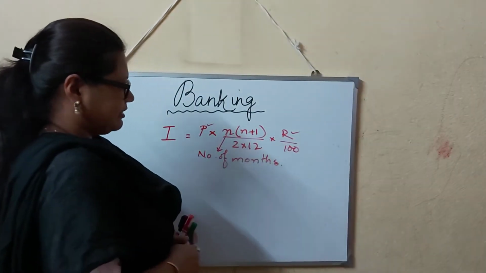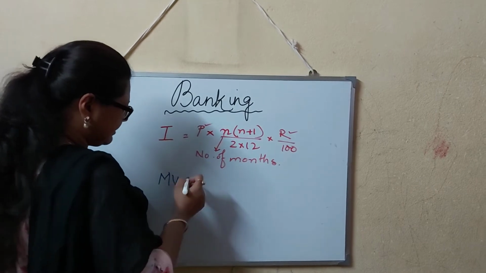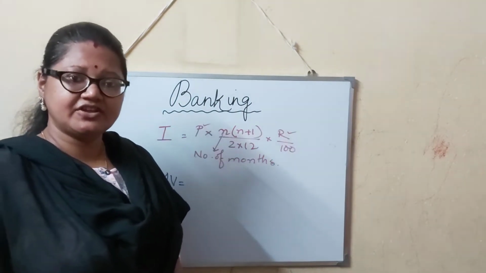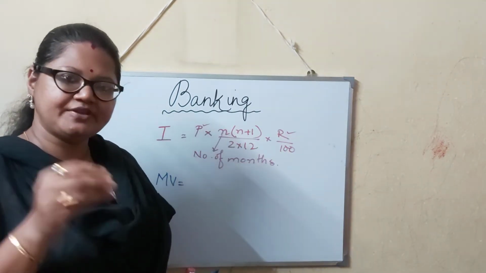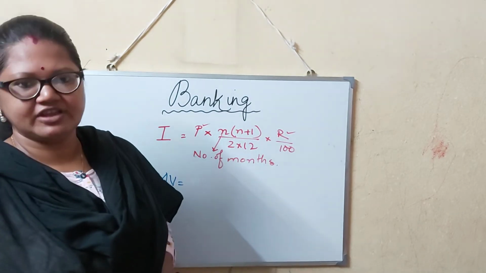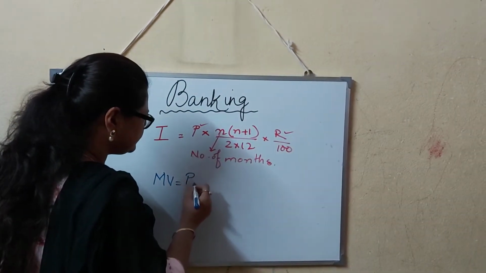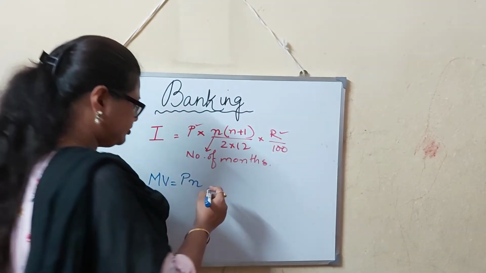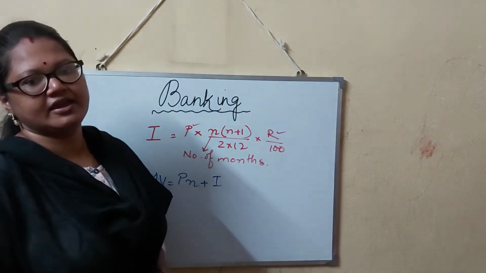Next we are going to see about maturity value. Suppose you were keeping 100 rupees in the bank every month for a year. At the end of the year, what happens? You get the entire lump sum amount. That means you have kept 100 rupees every month, so 12 months you have kept 100 rupees. That means you have kept the principal for n number of months, plus the interest on the amount which you have been keeping every month.